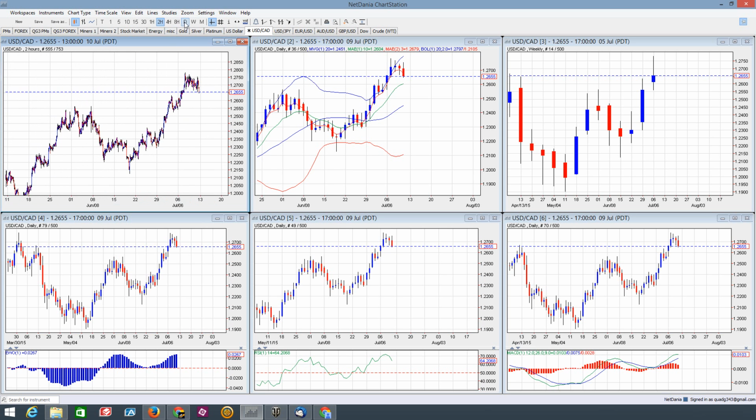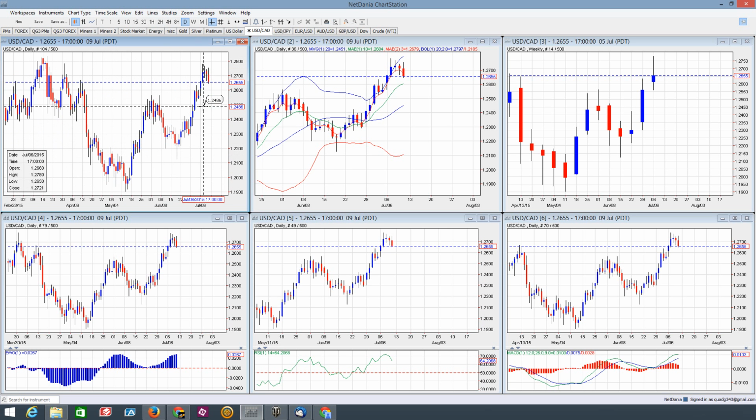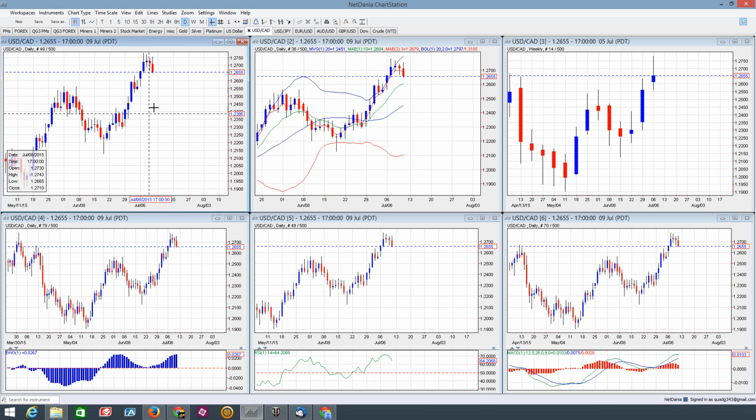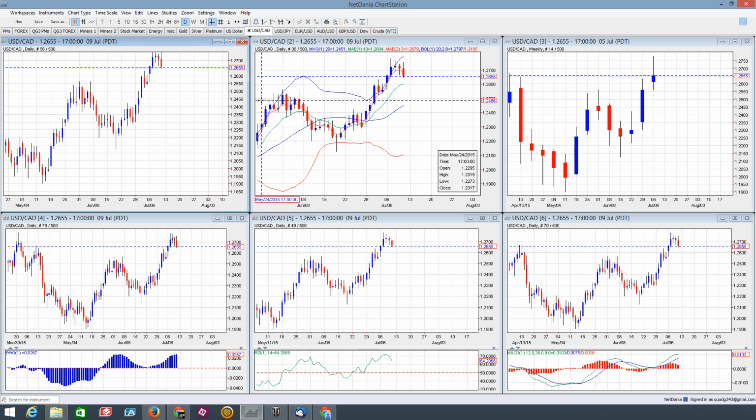The daily does close as an outside reversal, but it's just not in the best placement at all. The QG3 here is in a bullish alignment to the upside, though we're closing underneath the 3 EMA for the first time in several days since the bullish alignment.